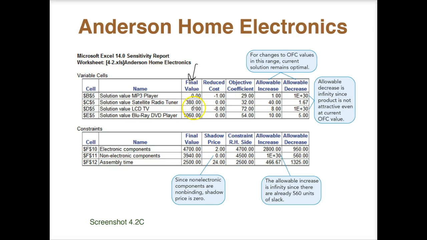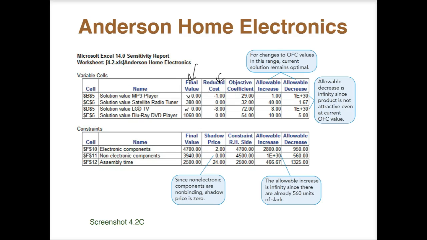Notice here that everywhere where you see the final solution is 0, we're given a reduced cost. And so a reduced cost is also called an opportunity cost, meaning that if you wanted to actually produce MP3 players and LCD TVs, you're going to have to sort of take a loss in profit to be able to make that happen.